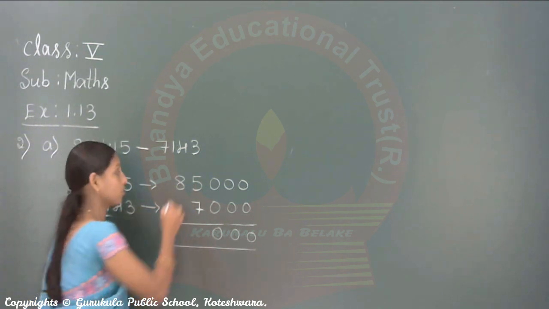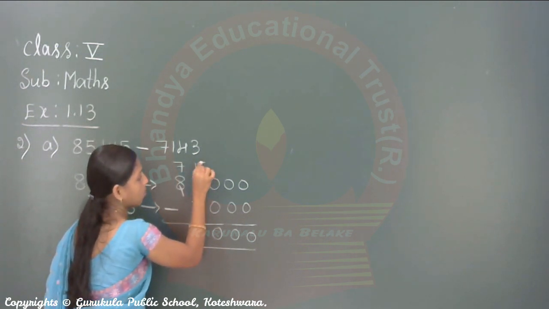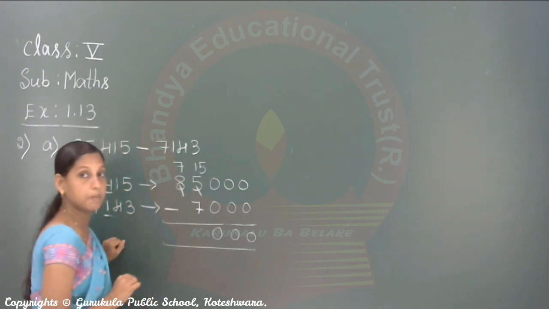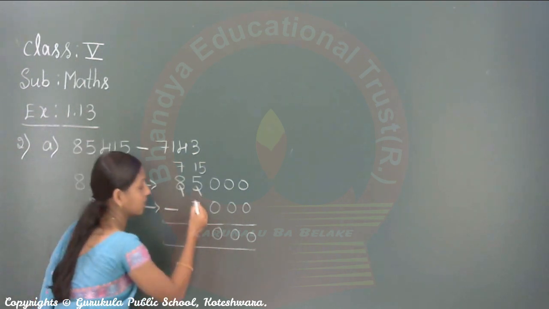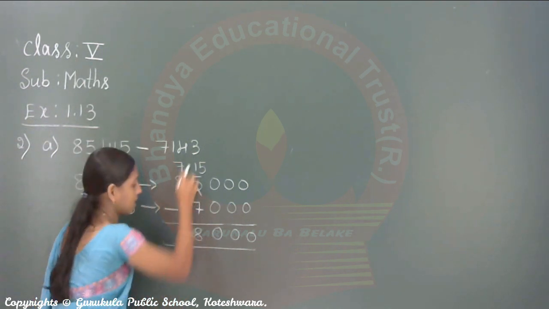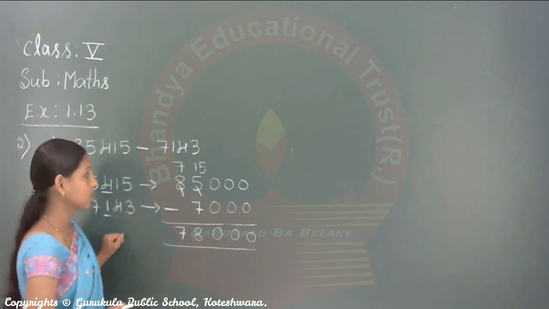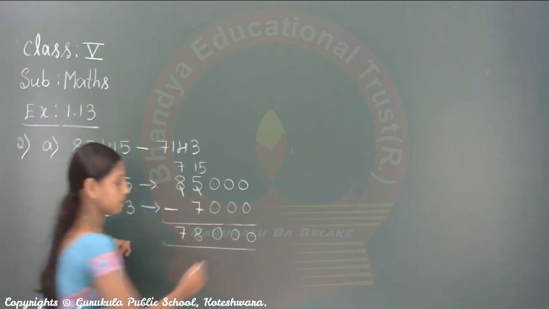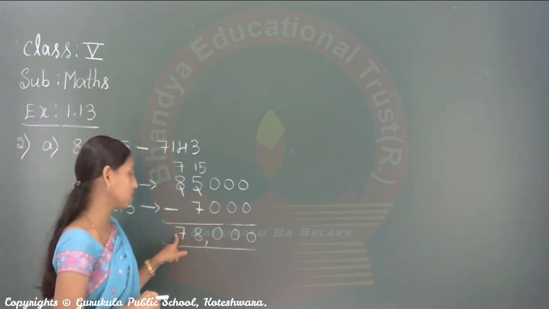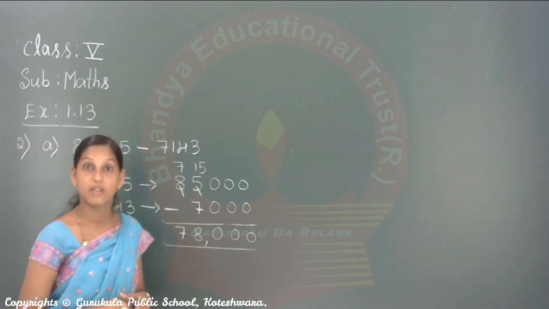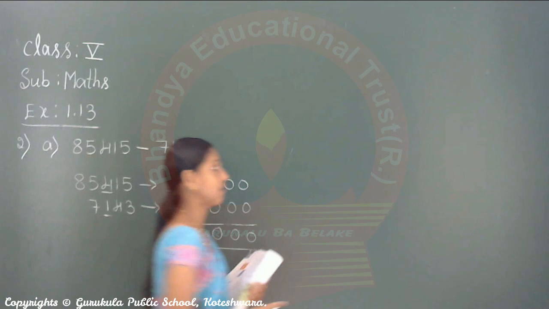No. So we have to borrow from 8. 8 becomes 7. 5 becomes what? 15. 15 minus 7, how much is it? 8. And 7 as it is, we have to write. So, put the comma according to the Indian place value system. Ones, tens, hundreds, then comma. So, it is 78,000. The answer is 78,000. Yes, I hope you have understood.